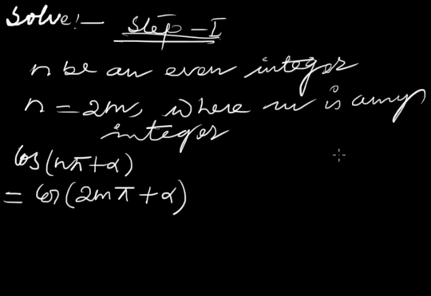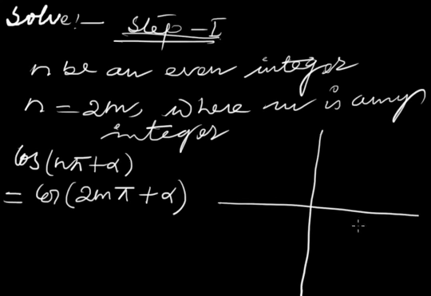If we consider any value of m, suppose the value of m is 1, then the value of 2mπ is 2π, so we have 2π + α. That is, this one is π, 2π and then α.